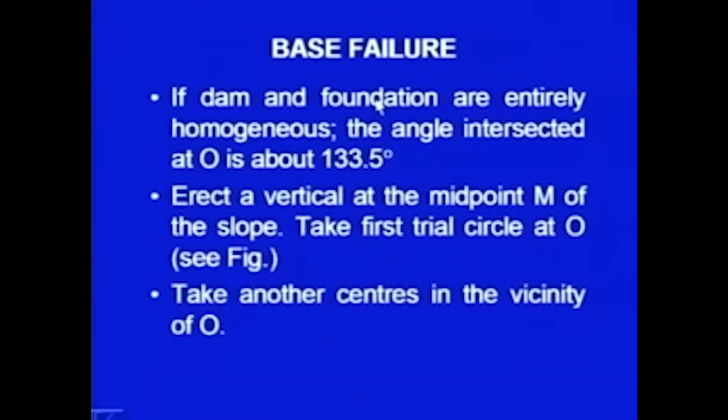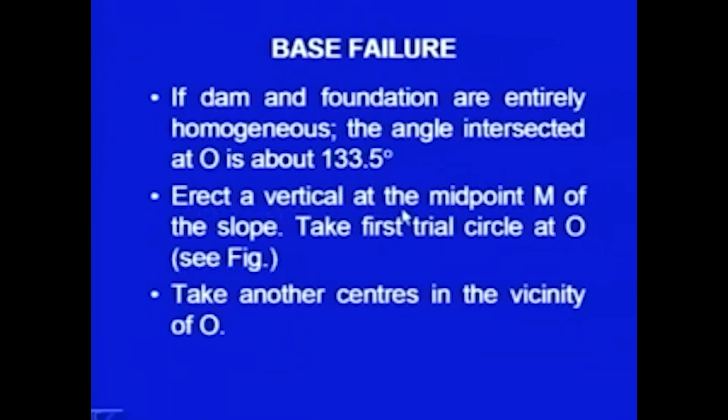Now, if there is a case of base failure, so far we were discussing the case of toe failure. If there is a case of base failure, and the dam and foundation are entirely homogeneous, then it has been proved that the angle intersected at the center is about 133.5 degrees. We use this information as well as the information that the center of the critical circle should be above the midpoint.